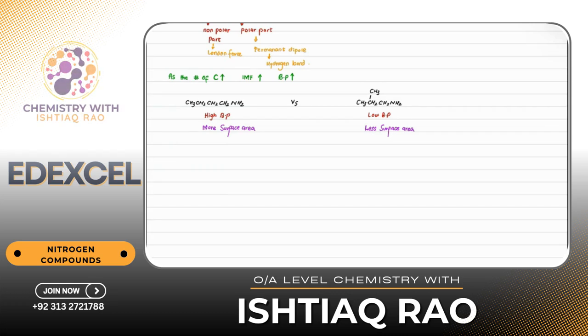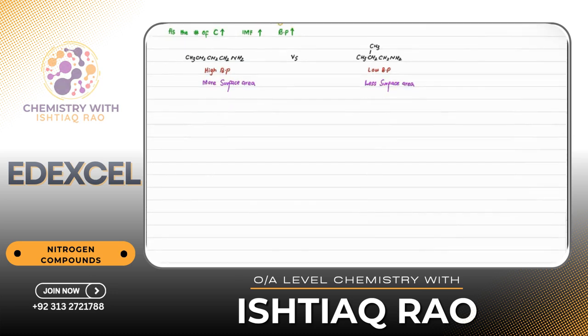More surface area and less surface area. So it depends on two factors. Number one is the number of electrons, I mean the number of atoms. And the second is the surface area. More surface area, more IMF, less surface area, less IMF, and accordingly we can compare the melting and boiling point. Okay. And what about the solubility?